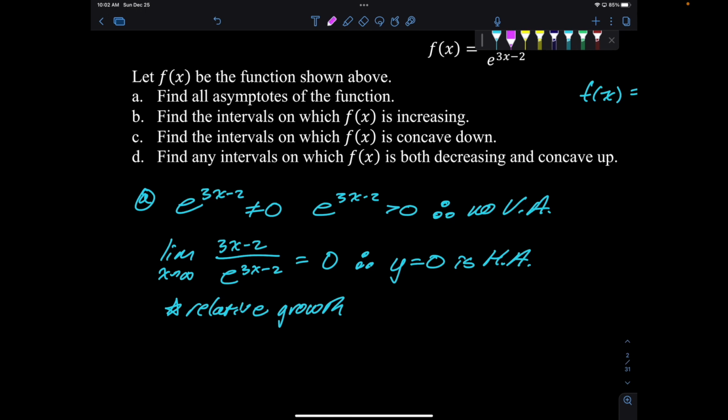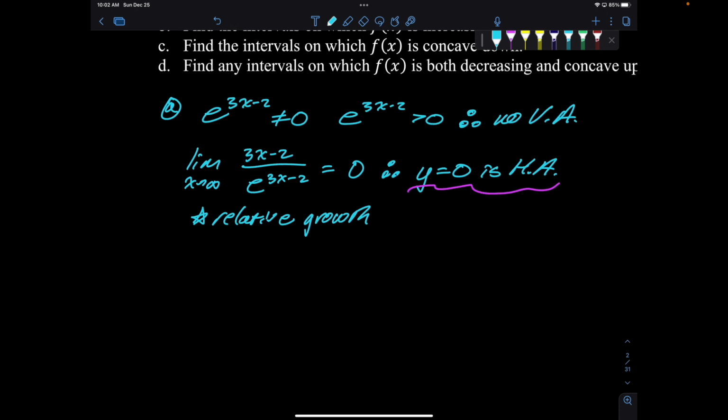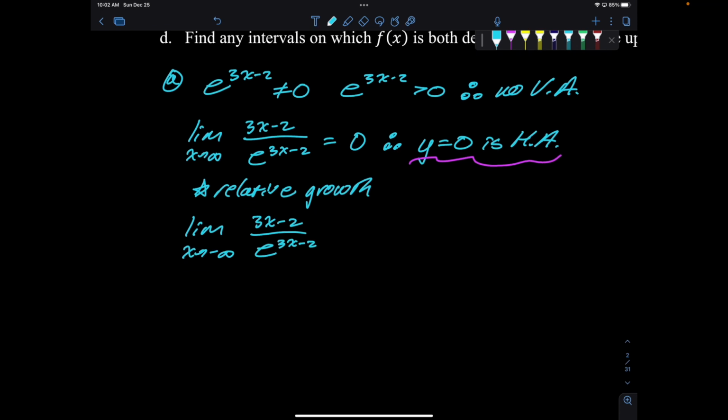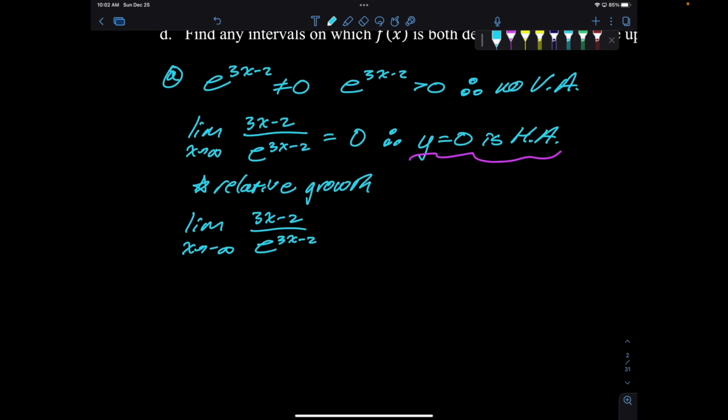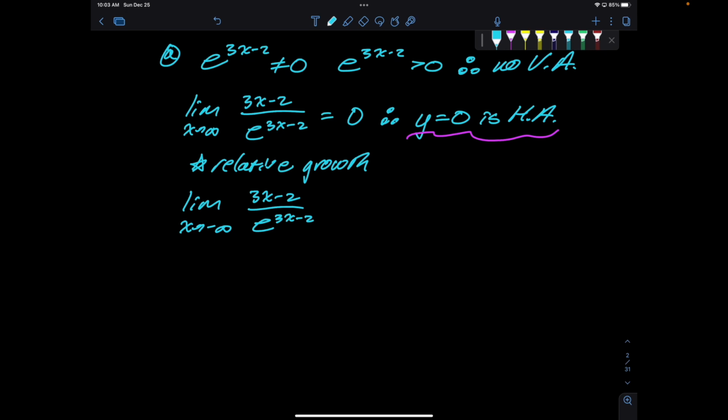So that's one answer. And then because this is not a rational function, we do need to worry about going to negative infinity. So limit as x approaches negative infinity of 3x minus 2 over e to the 3x minus 2. Now, if you think about this one by direct-ish substitution, so I'm walking you through what I think in my mind, the numerator goes to negative infinity, and the denominator is going to go to e to the negative infinity, but now you have to think, what does that mean?